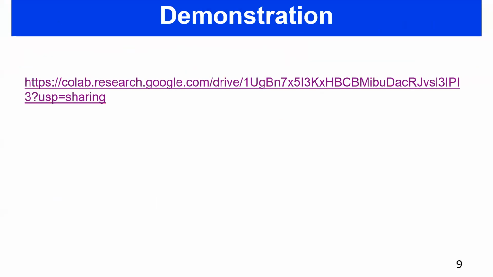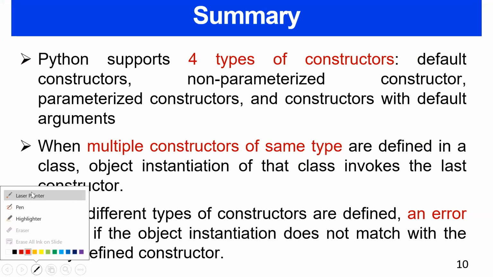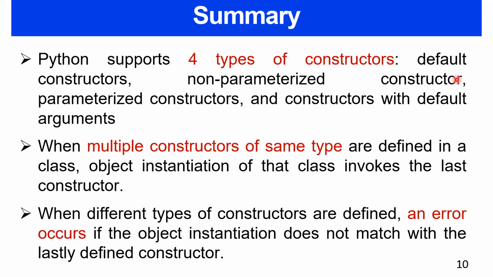So with this, we came to the end of lecture 2. In this class, we have seen 4 different types of constructors, which includes the default constructor, which is invoked by Python whenever there are no constructors defined within the program. Then we have the non-parameterized constructor, which does not take any parameters, and the parameterized constructor, which allows parameters to be passed whenever an object is instantiated.